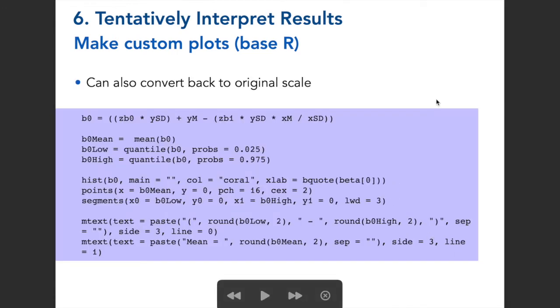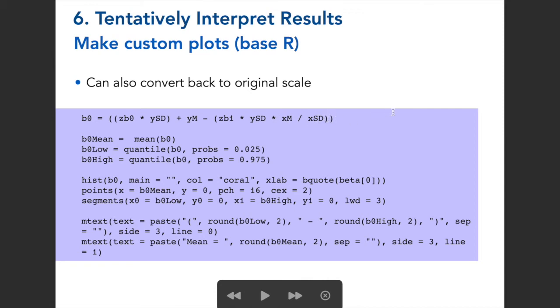And then we can also convert our beta 0 back to the original scale if we want to. This equation is a bit more complicated. So it's always going to have this component: the standardized beta 0 times the standard deviation of y plus the mean of y. And then you subtract this information for each of our parameters. So we have z beta 1 times the standard deviation of y times the mean of x divided by the standard deviation of x.